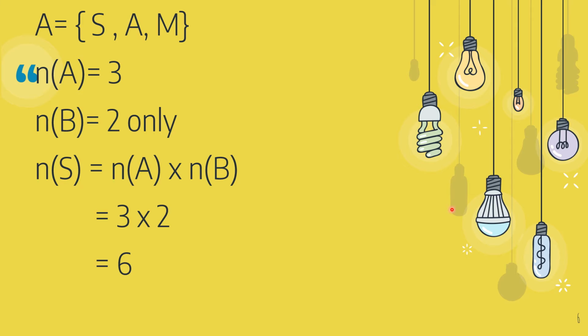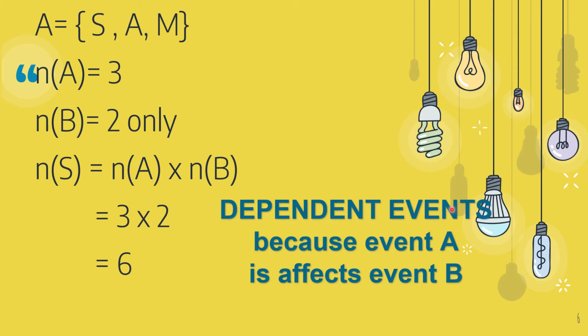And this is a dependent event because event A affects event B. For the first event, the possible outcomes are 3, and for the second event it becomes 2. So event A affects the occurrence of event B.